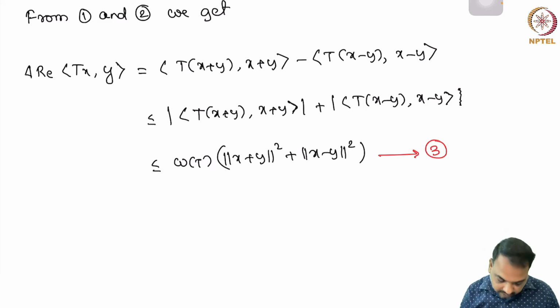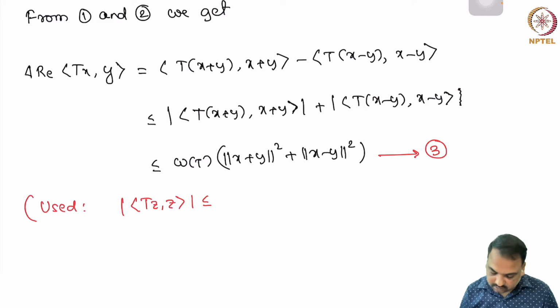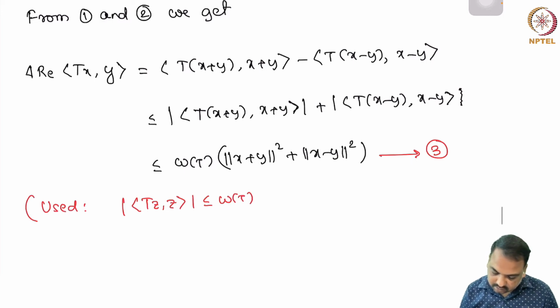So here we use the fact that modulus of inner product Tz with z is less than or equal to omega of T norm z square, or inner product z with z.